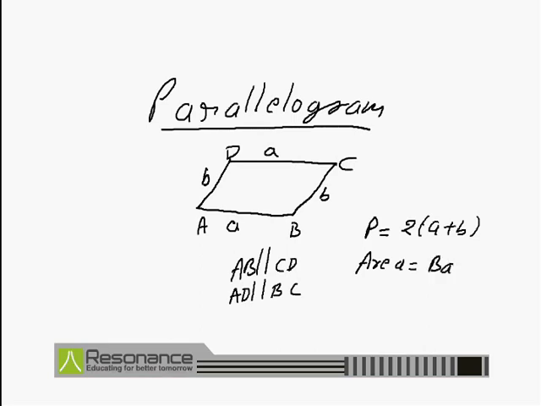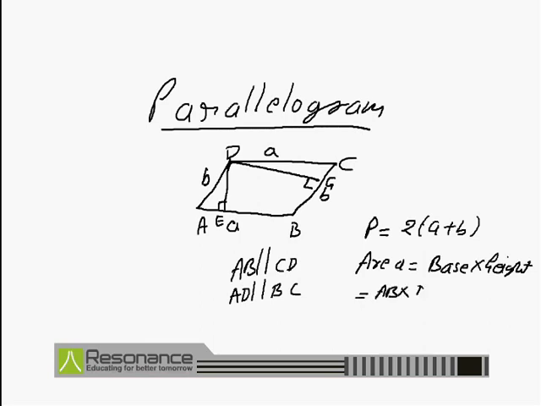Suppose I take a perpendicular from point D to the base AB, and the point is E, and from point D I drop the perpendicular to the side BC. Let this point be G. So when I take the base AB, the corresponding height is DE.